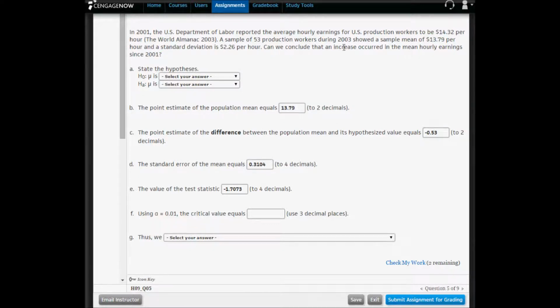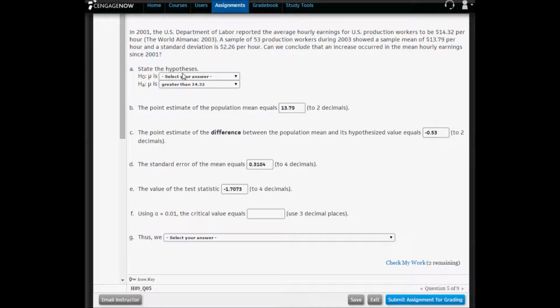Now, remember, we wanted to test whether there was an increase in the mean hourly wage from 2001 to 2003. So the alternative hypothesis is whether the mean in 2003 is greater than what it was in 2001, 14.32.